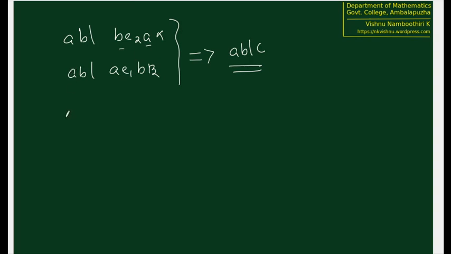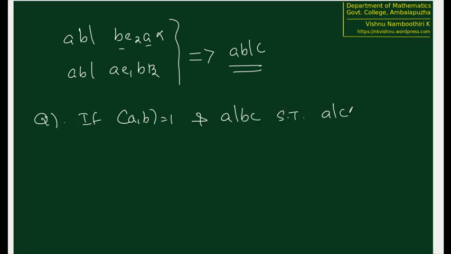A similar technique we are going to use in the next problem. If A and B are relatively prime and A divides the product BC, then A divides C. So we are going to make use of the Bezout identity once again here. It's given that A and B have GCD equal to 1.